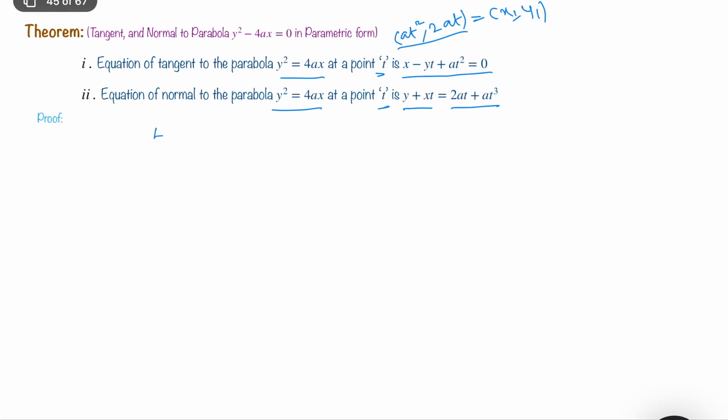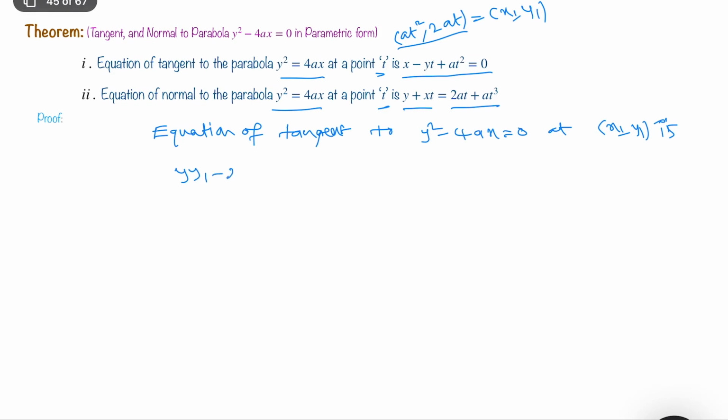Now, equation of a tangent to y square minus 4ax equal to 0 at point x1 y1 is what? y y1 minus 2a times x plus x1 equal to 0.